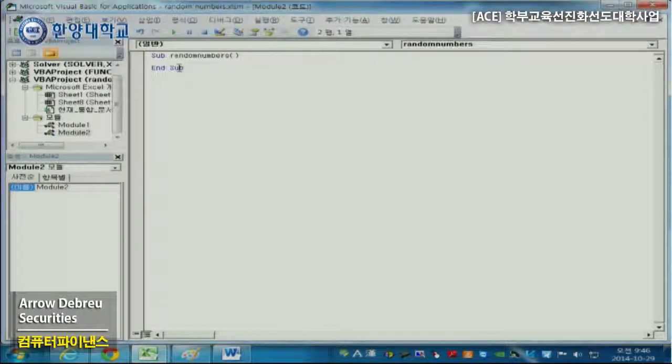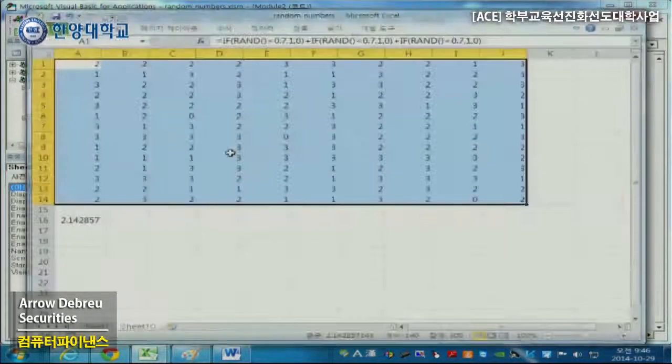So in Excel VBA, we can use this function, Cells(1, 1) equals Rnd. I think it's R-N-D.